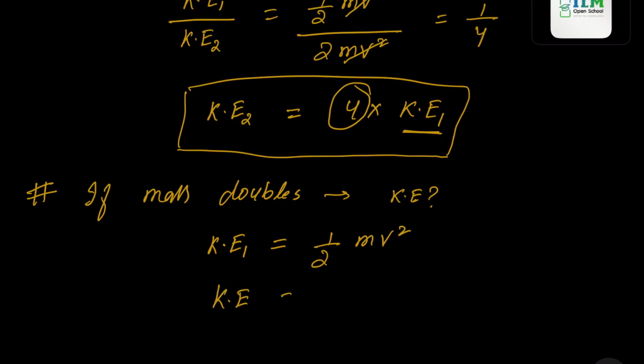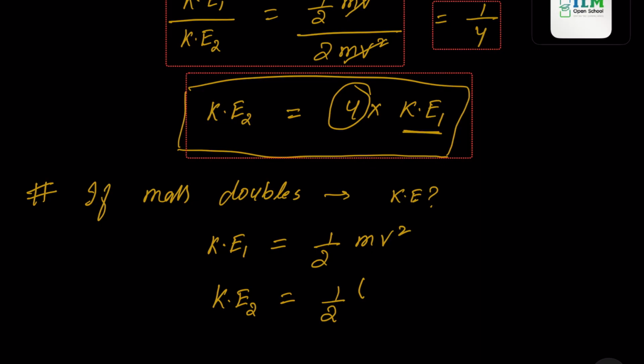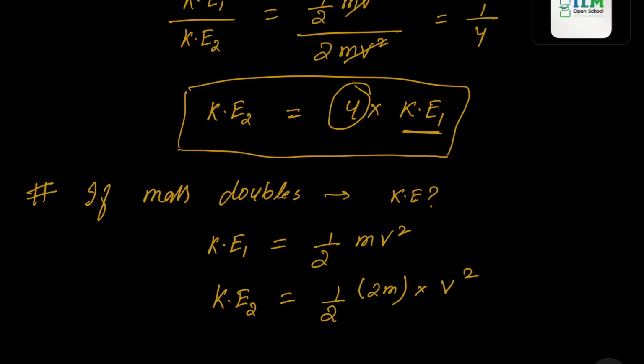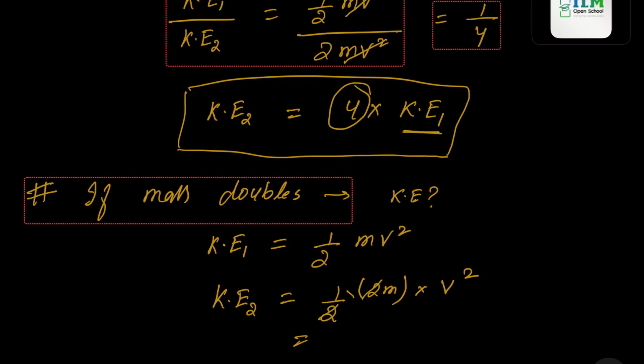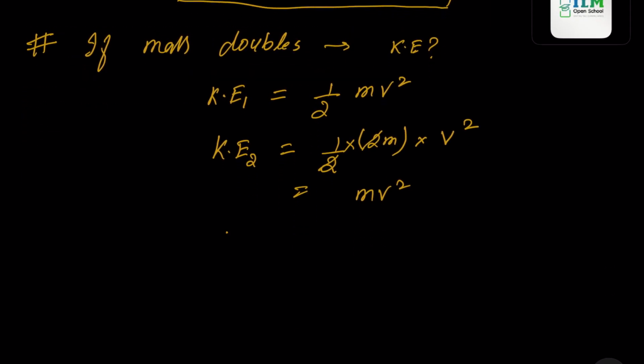Now in kinetic energy 2, mass is double. So in place of m, I will write 2m into v square. So now 2 cancels out with 2, and we get mv square.